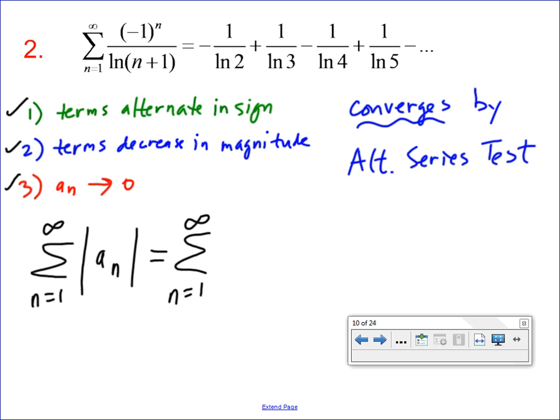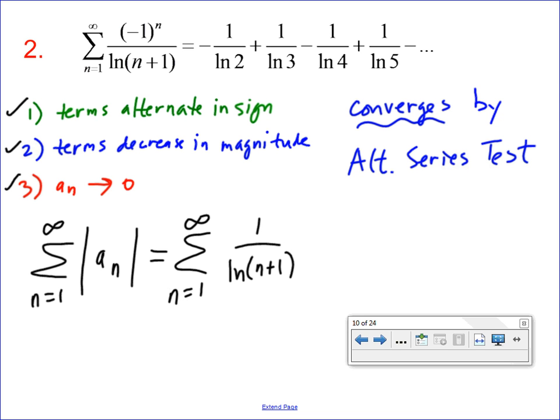It's just 1 all the time, so my top is always 1. My bottom then is ln of n plus 1. So when I consider the series in absolute value, the alternating portion stops. It's always +1 over. And now, what do we think happens?